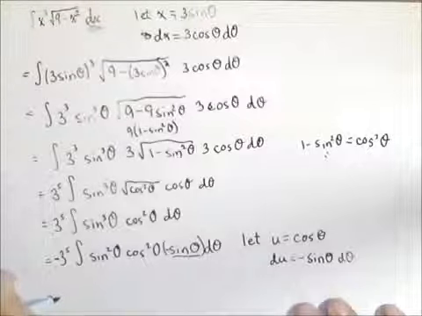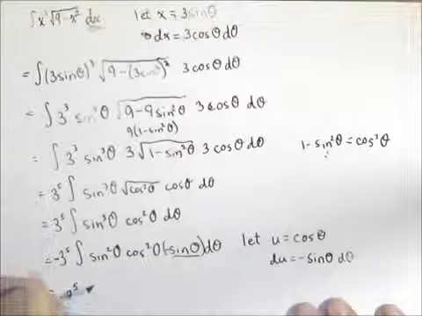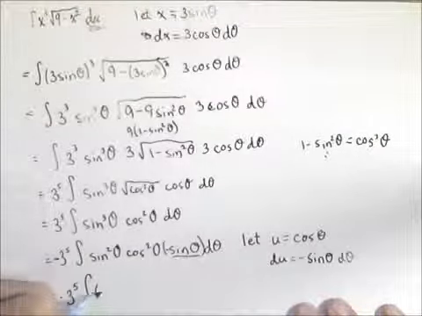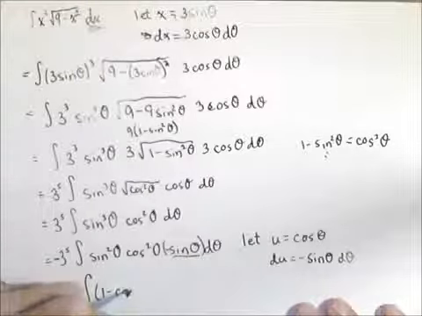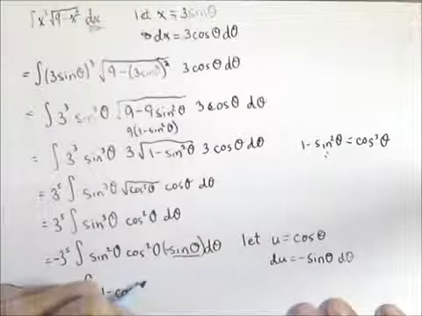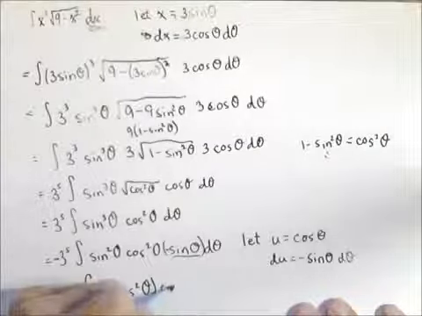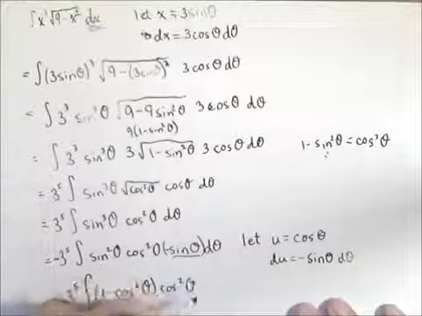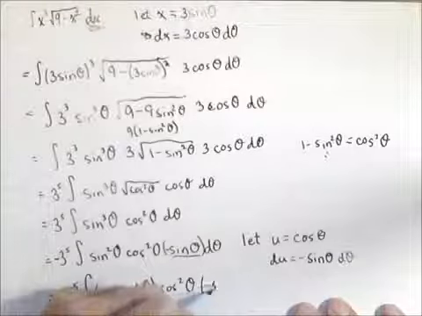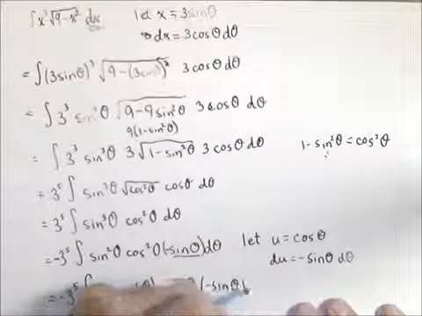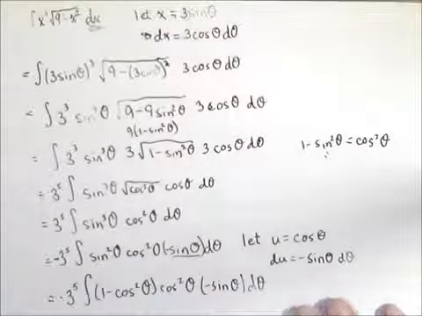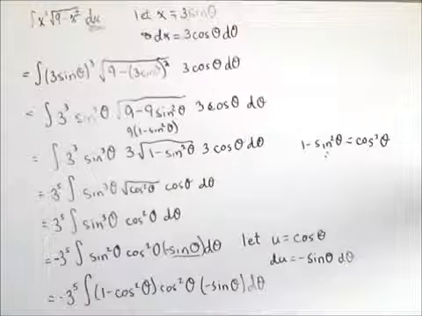So we have negative 3 to the 5th out front, 1 minus cosine squared theta times cosine squared theta times negative sine theta d theta. So we are ready to do our u substitution.